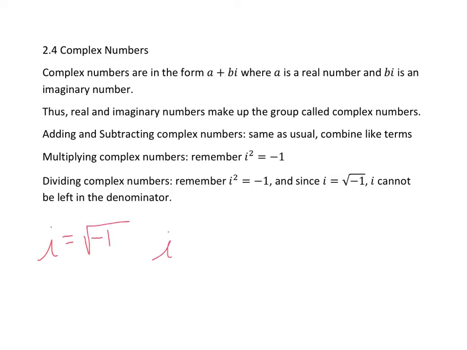So when I have i squared, I'm squaring the square root of -1 and getting -1. When you divide complex numbers, you also have to remember that since i is the square root of -1, i cannot be left in the denominator. This is where people will forget: you have to multiply by your complex conjugate to get that out of the denominator.